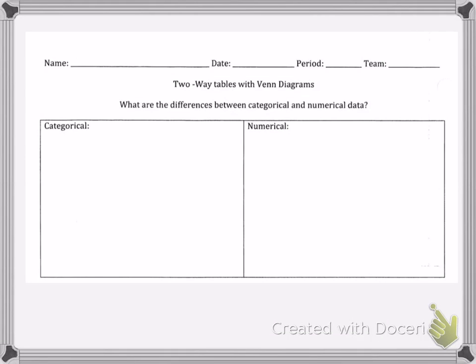So for categorical, and this might come as no surprise, this represents category. So categorical data represents a category.